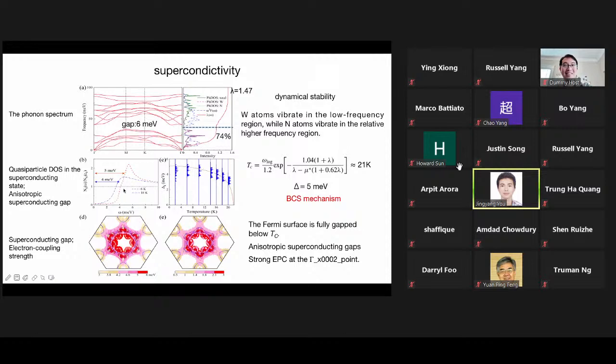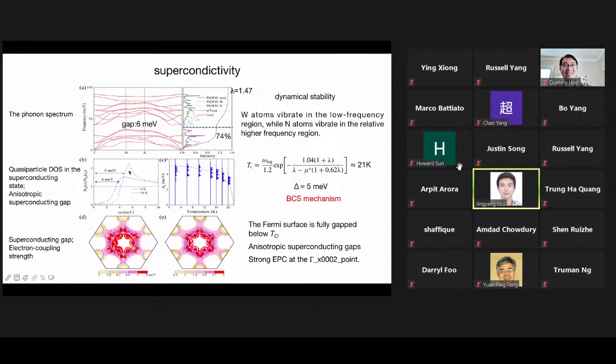Utilizing our calculated electron-phonon coupling together with a typical value of the effective screened Coulomb repulsion constant 0.1, the superconducting transition temperature is calculated to be about 21 Kelvin with the McMillan-Allen-Dynes formula, which is the highest reported for 2D superconductors exfoliated from van der Waals bulk materials.